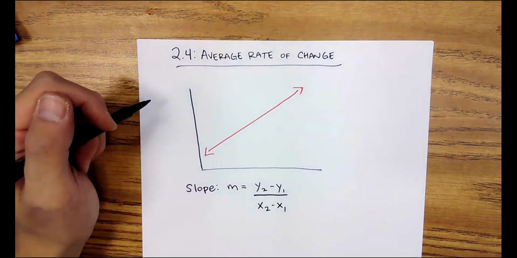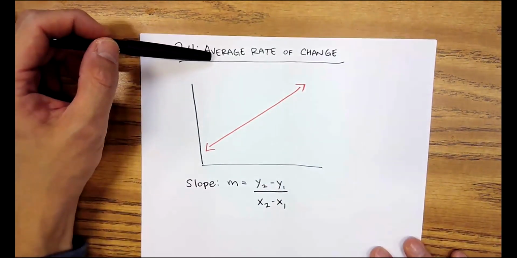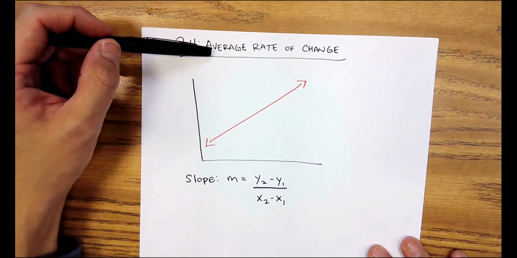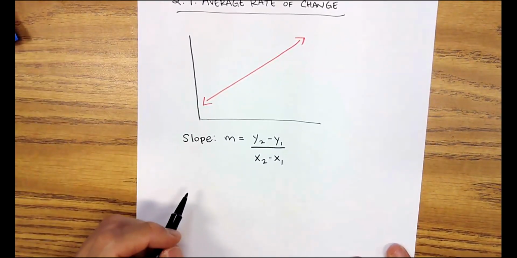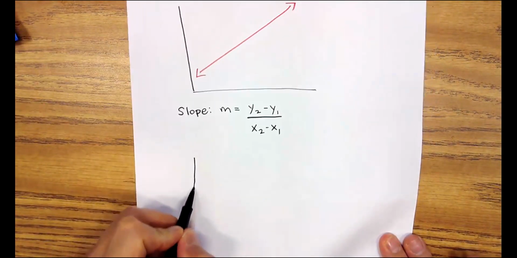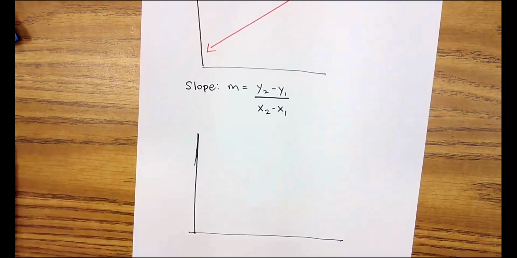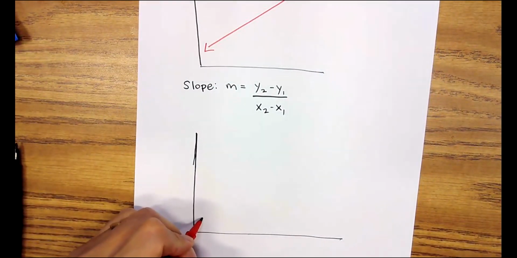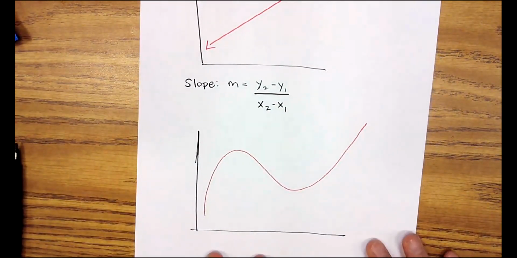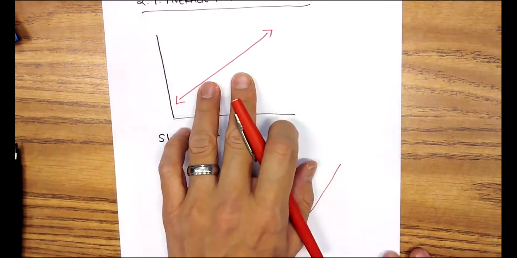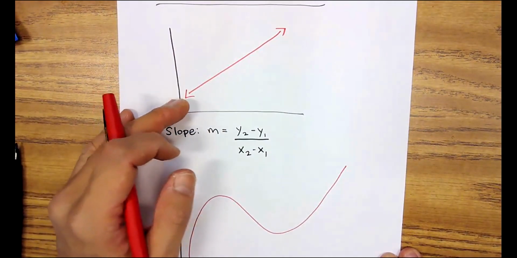Why this book has its own section on average rate of change is because the average rate of change is not just the slope, because we're dealing with functions that look like this. Okay, I'm going to do my best to draw something here that looks like maybe that. It's not going to be a line like this where it's a constant slope, right?